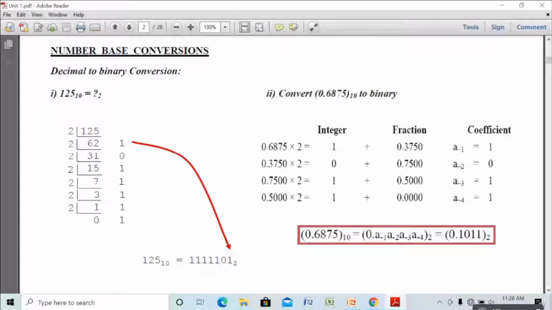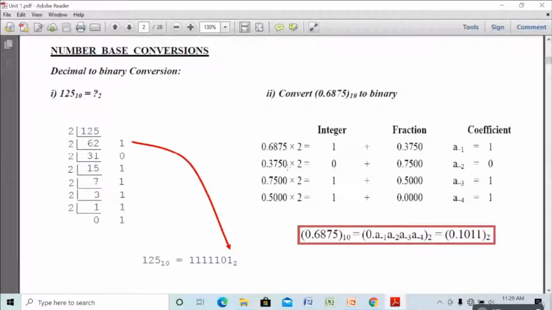1.3750 as the answer. Keep the 1 alone on the right side. Then again multiply 0.3750 by 2.